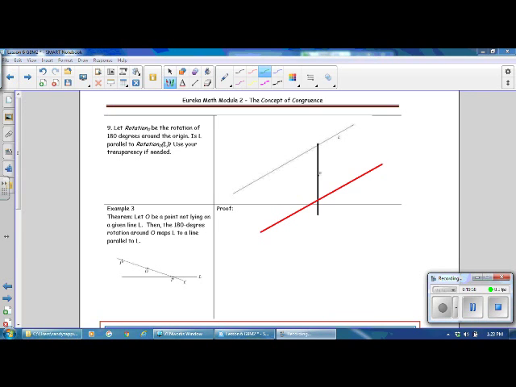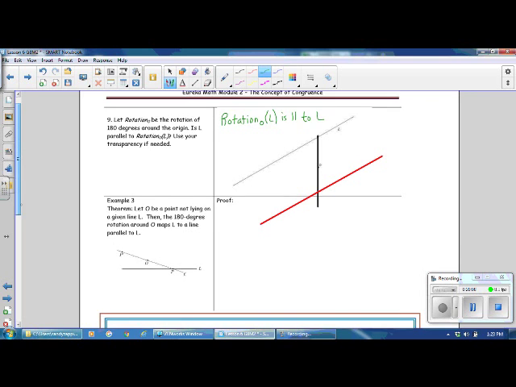And the question is, is L parallel? So let's write our statement. We have the rotation around the origin of line L is parallel to line L.